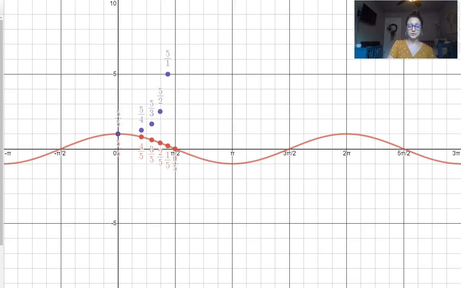If I go down by 1/5 again, I'll be at -1/5. So if I flip -1/5, now I have -5. Then I've got -2/5. Let me take the labels off so you can see this a little better. Okay, and then I'm going to have -3/5.